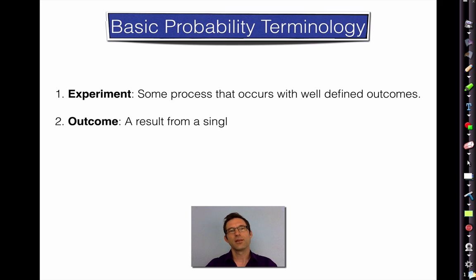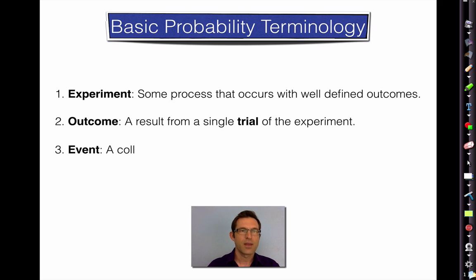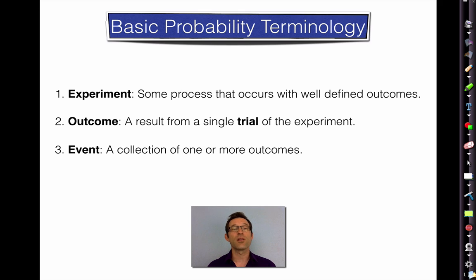So let's talk about what an outcome is. An outcome is a result from a single trial of the experiment. So I've got this experiment, I do it, and I say, hey, that was the result, right? That is an outcome. Let's talk about what an event is. An event is a collection of one or more outcomes.